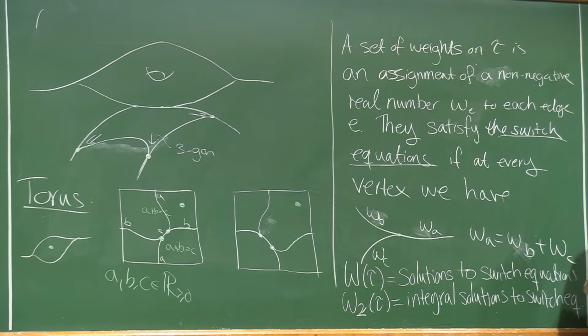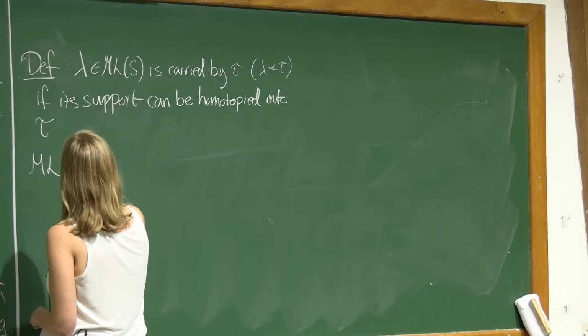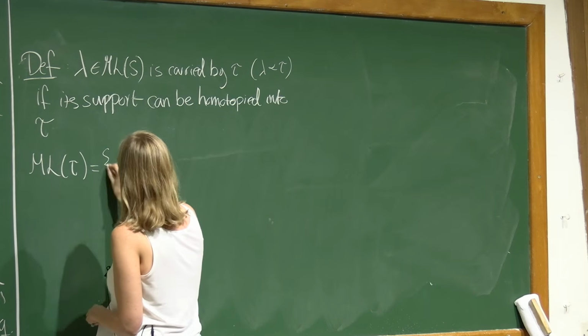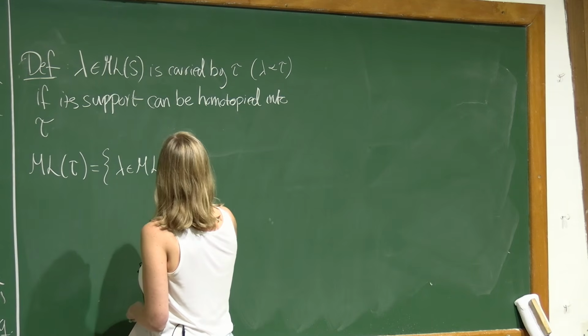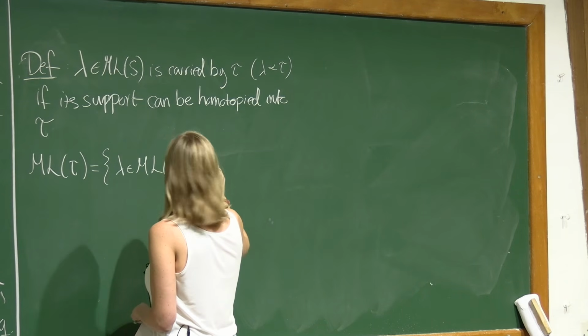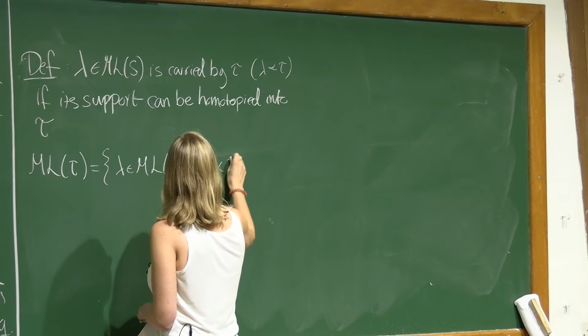And with some notation, so ML of tau is going to be the set of all ML in S that are carried by this train track.